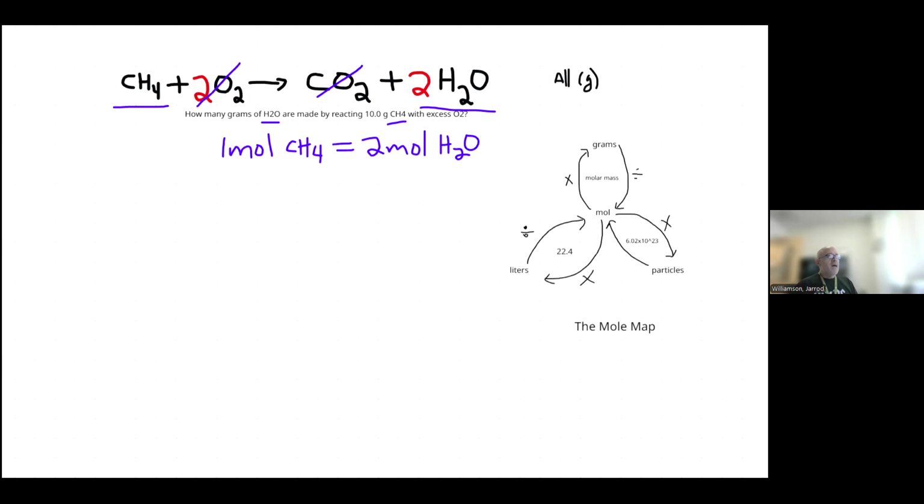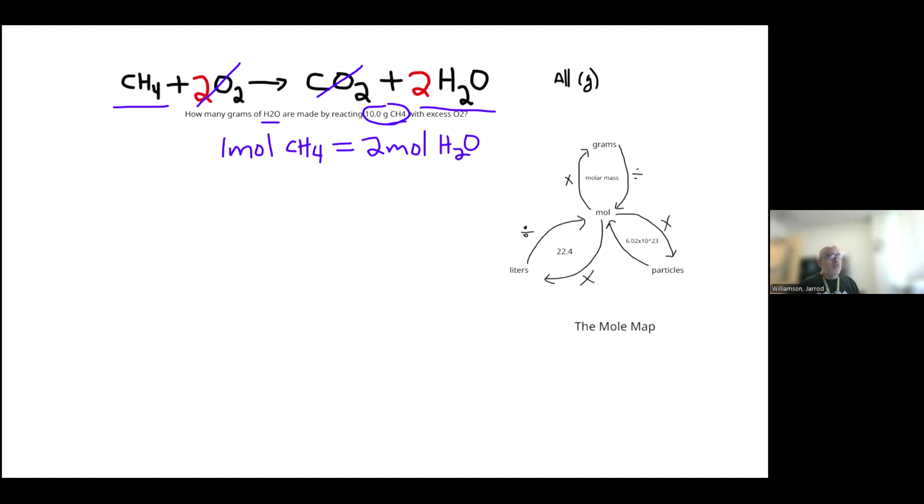Problem is, I have grams of methane, not moles of methane. I have to convert my grams of methane into moles of methane. With that, I can use my mole map.